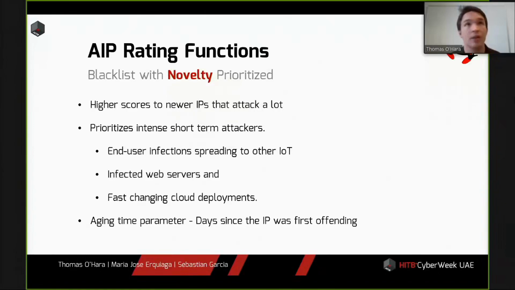The next model that we mentioned earlier is the one that generates blacklists with novelty prioritized. This one assigns higher scores to newer IPs that attack a lot, therefore prioritizing intense short-term attackers, such as end-user infections spreading between IoT devices, web servers, possibly even cloud deployments.